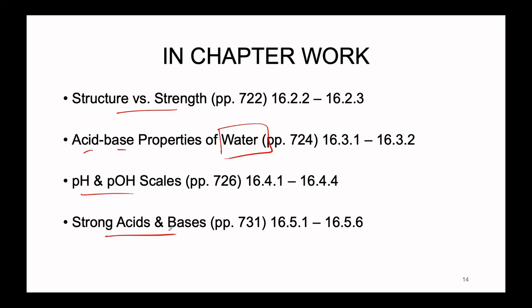Though we did not cover them explicitly, that information I also uploaded to Blackboard in a PDF. It's all in the same PDF. All of these strong acids and bases are available. The reason I didn't go through them in much detail is because we talked about them back in Chapter 9.